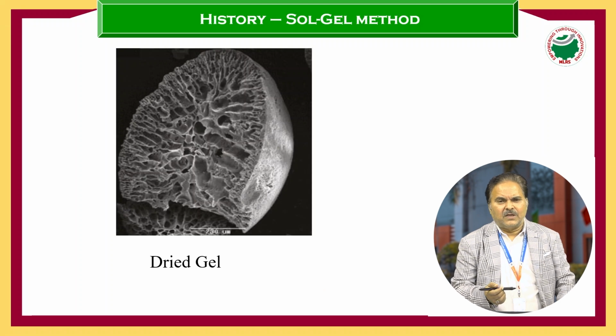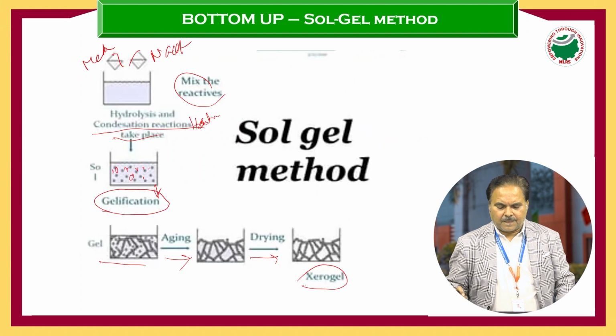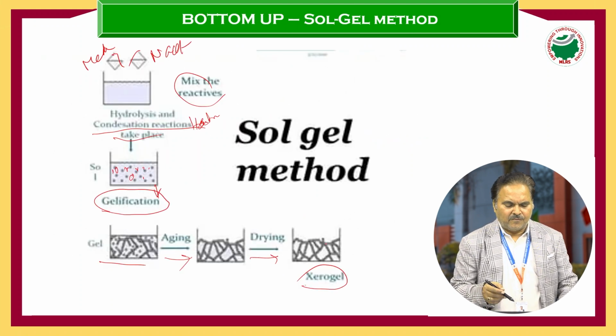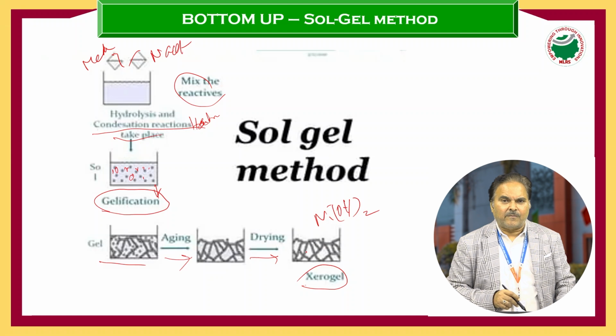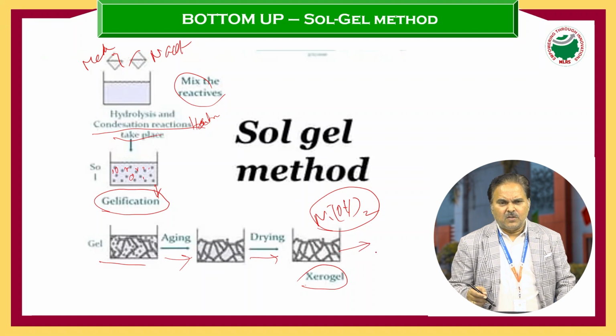From this we can crush it, then heat it at a higher temperature to make the nanoparticle. So with the sol-gel method, if it is NiOH, this is the gel formation, the gel NiOH. If you heat up this material, then only you will get nickel oxide.